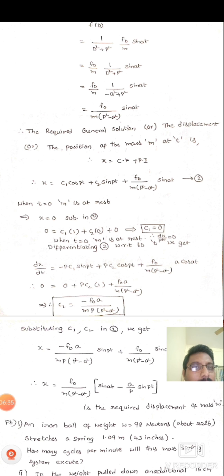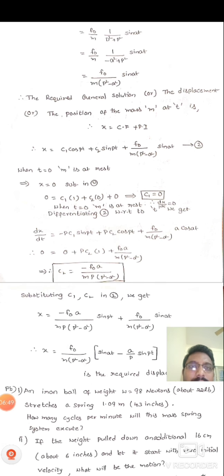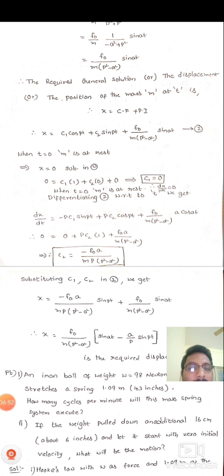Now substituting the above values, that is when time t equal to 0, the velocity value dx by dt is 0. Substituting dx by dt equal to 0 and t equal to 0 and solving for C2, we will have the value of C2, that is negative f naught a by m p into p square minus a square.